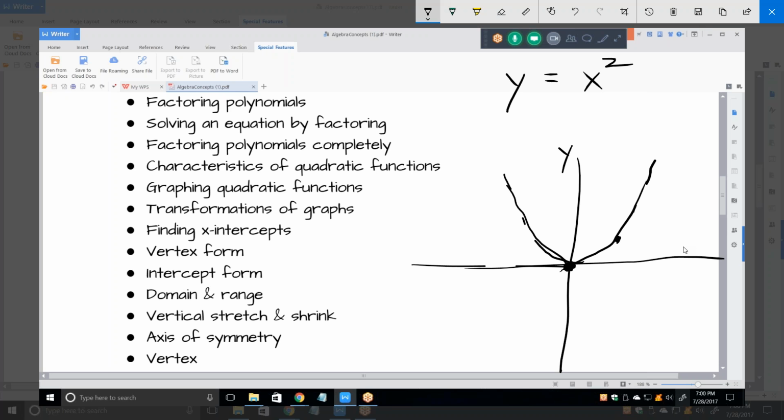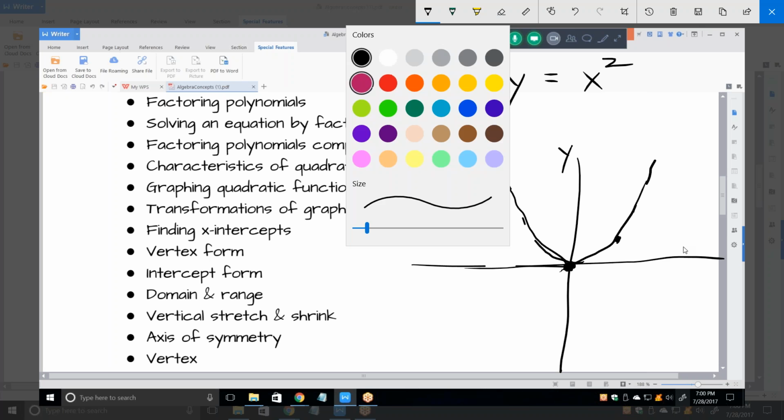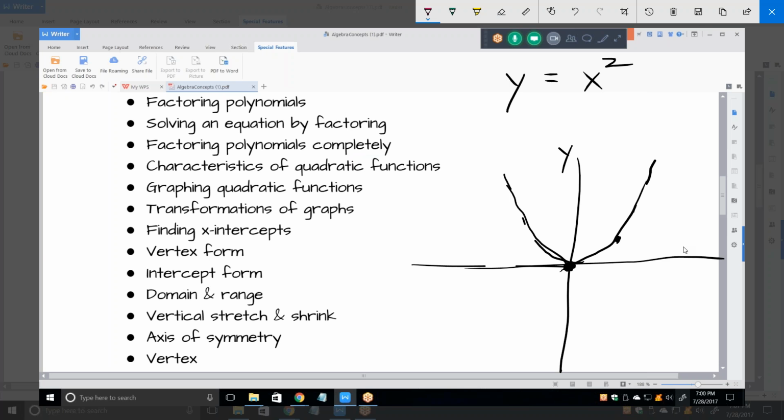Now, if I were to draw a parabola like this, that's still a parabola, still a quadratic, but it's going to have a different equation. Okay, so let's talk about transformation of graphs.